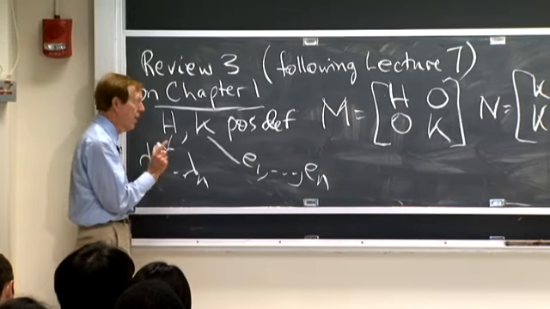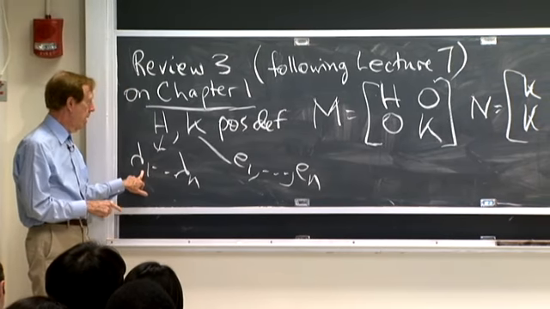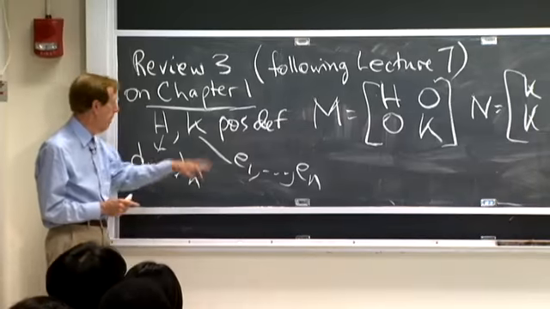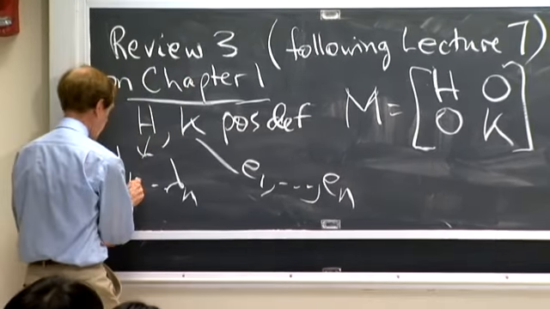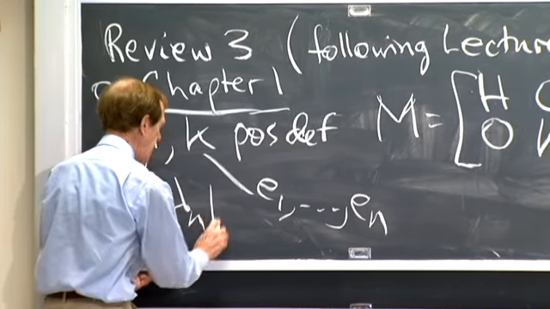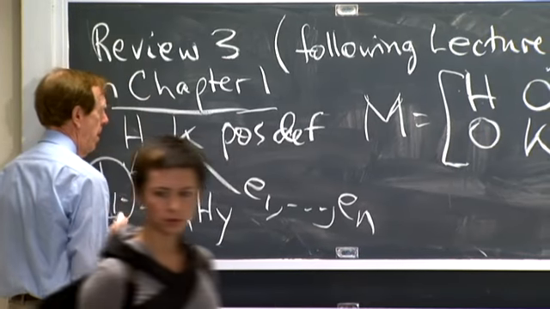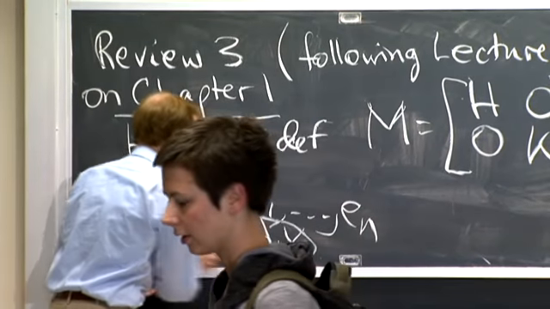Let's see if we can figure out that lambda 1 is also an eigenvalue of M. It was an eigenvalue of H, so the fact that it has that eigenvalue lambda 1 means that H times some vector y is lambda 1 y, right?